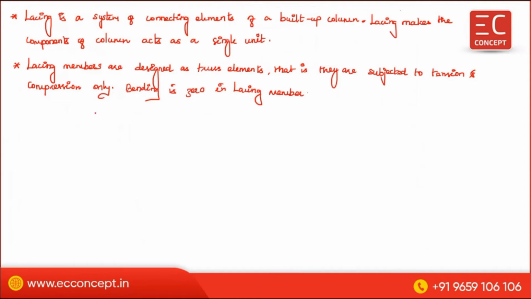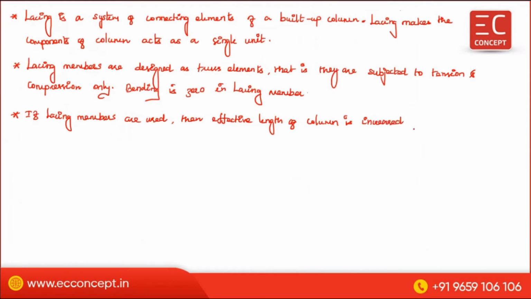Third point that we are going to see: if lacing members are used, then the effective length of column is increased by 5% in our calculation. Why?